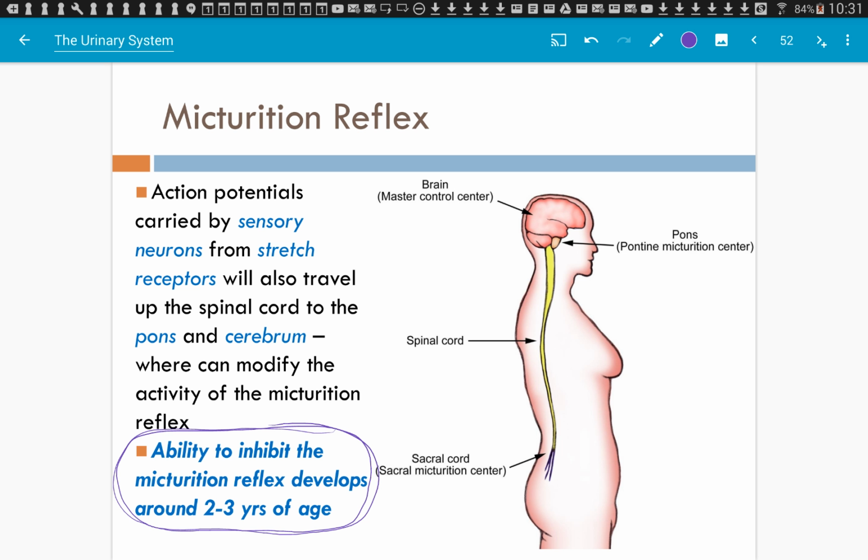That's why babies need diapers. They literally can't control the micturition reflex, whereas you guys all can. You feel the pressure, you know you got to go, you can control your sphincters, and that's why people go use the restroom. But babies literally can't control it because the nervous system is not developed enough.